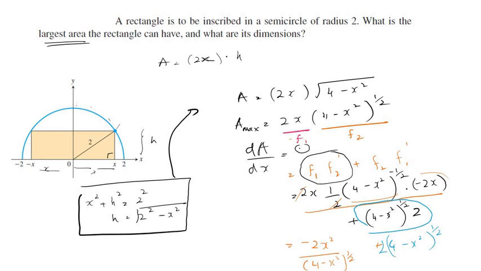Okay, so let me rewrite the area with dA over dx. We found it to be minus 2x squared over the square root of 4 minus x squared, plus 2 times the square root of 4 minus x squared.